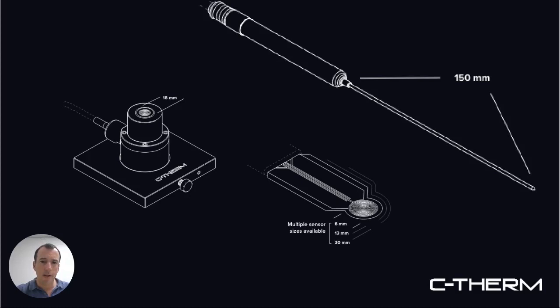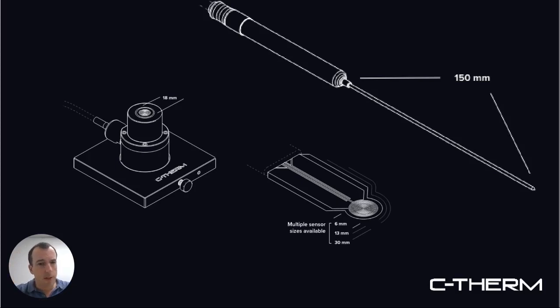This just gives you an illustration of the different sizes of sensors, and this helps inform minimal sample requirements. So you'll see in the top right, the needle probe, the length of the active area is 150 millimeters. This is the area that has to be fully covered by the sample. Again, this will be typically applied for a polymer melt.